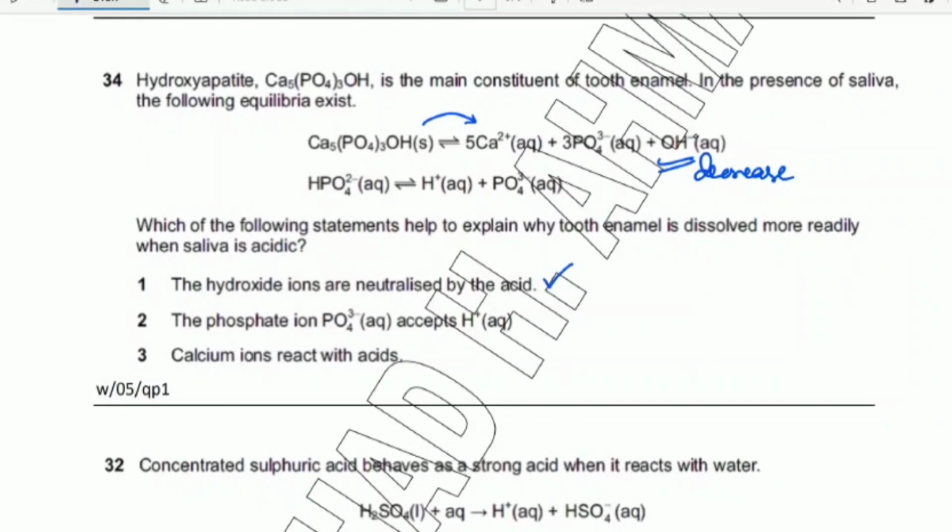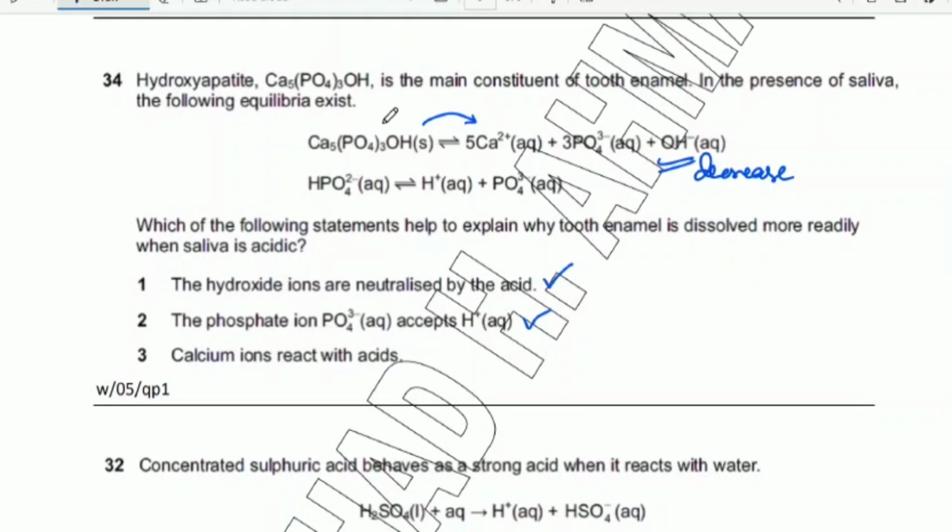Then 2 is not right, because, I mean, is 2 right? At least it's a factual statement that if the conditions are more acidic, where would the equilibrium shift? Backwards, right? So how does that help tooth enamel dissolve?